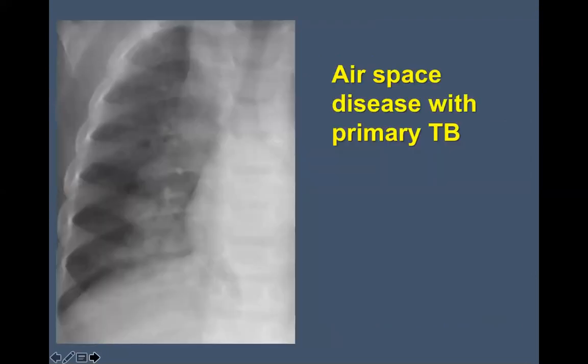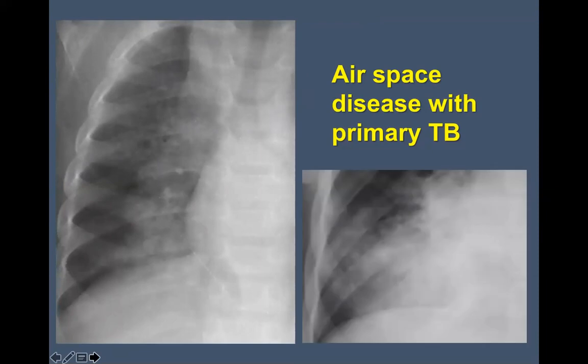In other cases, it can expand, particularly if the child develops progressive primary TB, and so you can get a larger area of consolidation, and those areas of consolidation can actually extend all the way to the region of the lung hilus. And so, if there were to be hilar lymphadenopathy here, it might be difficult to actually see that because of the larger area of consolidation.